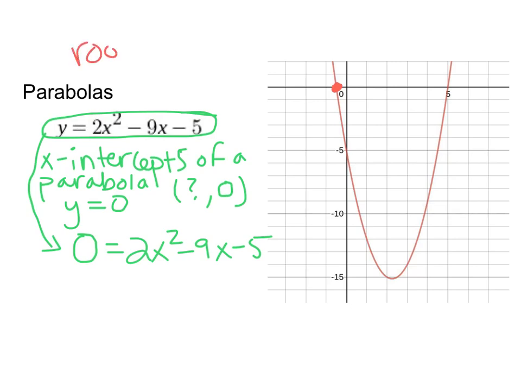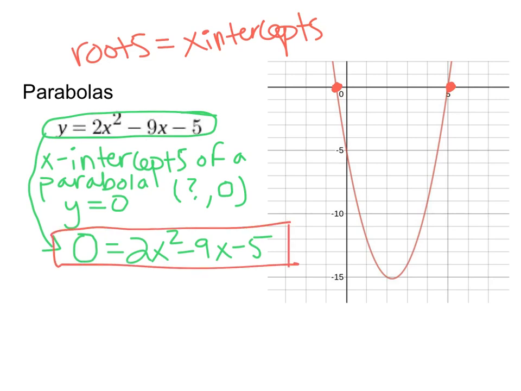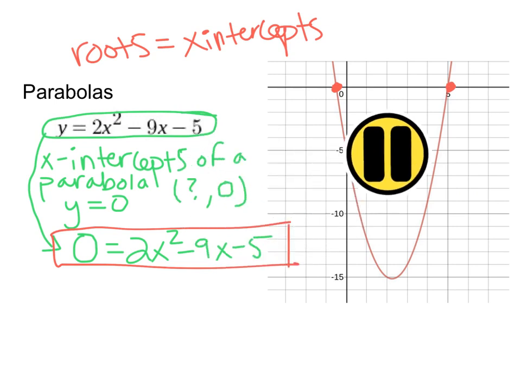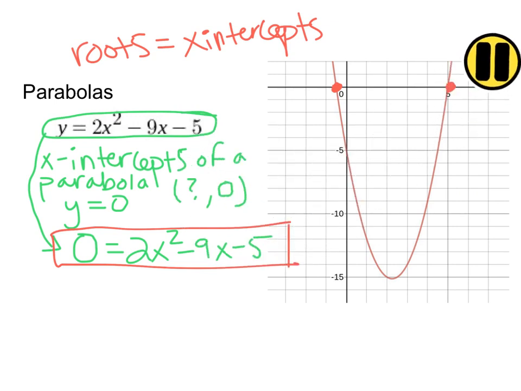So roots is kind of a shorter word for x-intercepts. So we can visually see them here. If we didn't have the graph, we wouldn't know that. So go ahead and pause now and solve this right here. See if it matches with the x-intercepts that we can see on the graph.